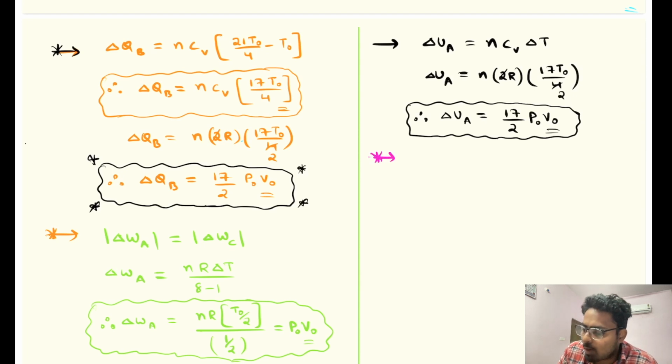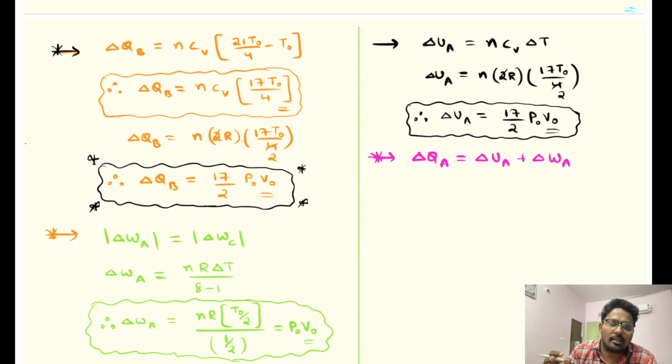Now I can find the delta Q in compartment A by using the first law of thermodynamics, that is delta UA plus delta WA. But still we are unable to find what process it is. After knowing delta Q, you can find the value of x also, for the polytropic process where V power x is constant.